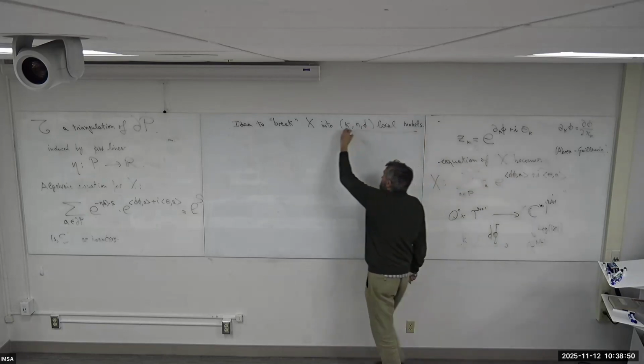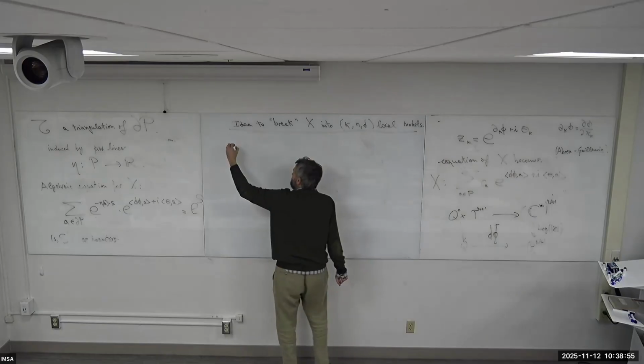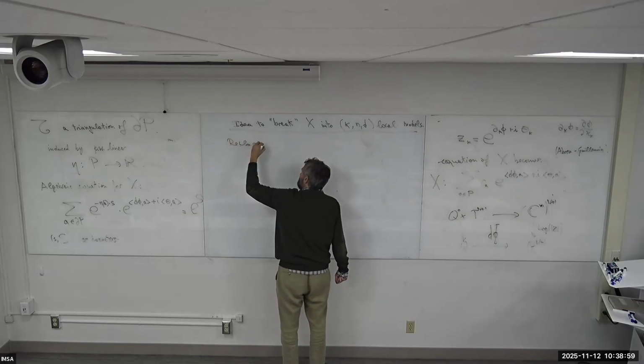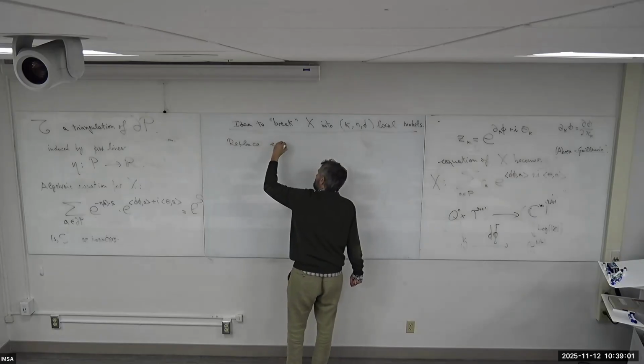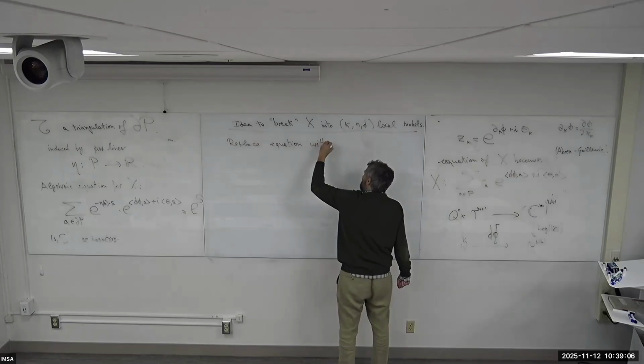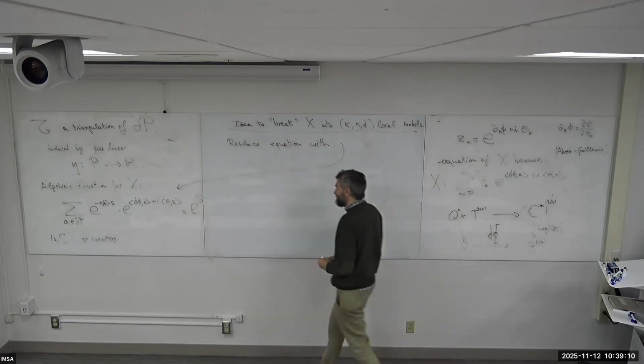How to do this? Well, change the equation, replace the equation with, so I don't want to write it again, but I just go back here and I'll tell you how to replace the equation.